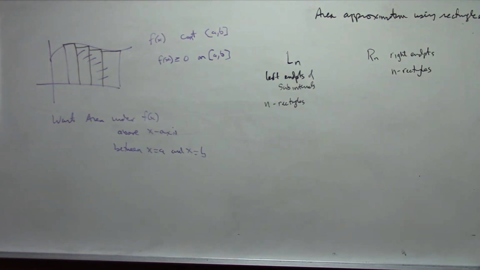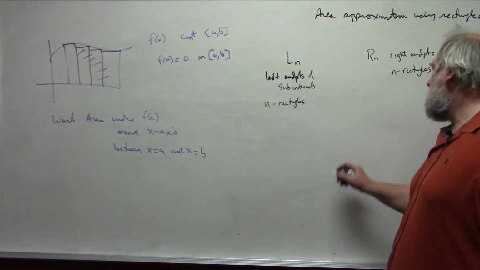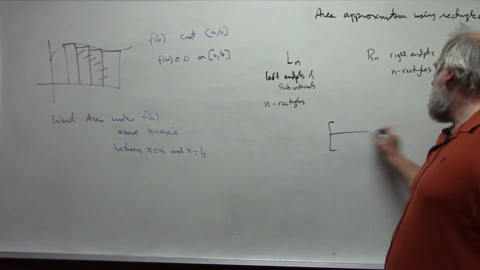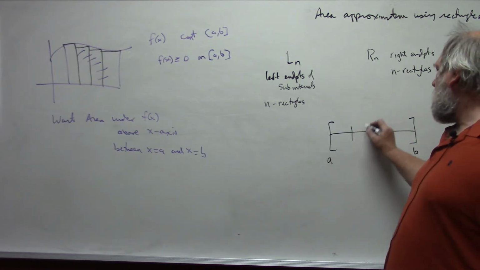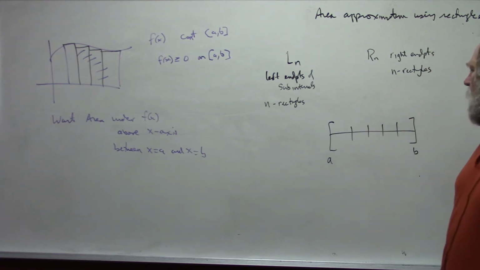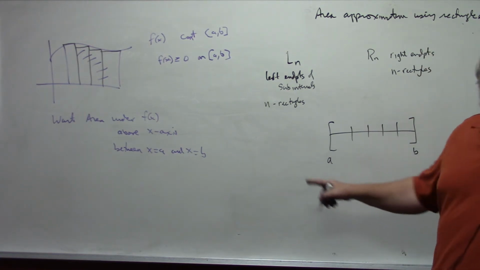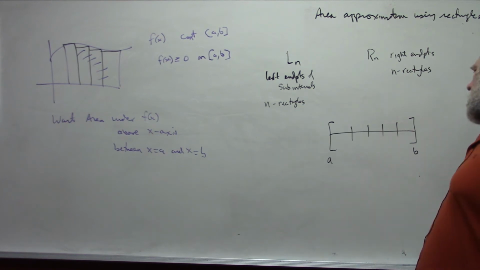So the idea is we will take our interval from a to b and break it apart into n subintervals. And we will assume that all of our subintervals are equal width. It's just easier that way.